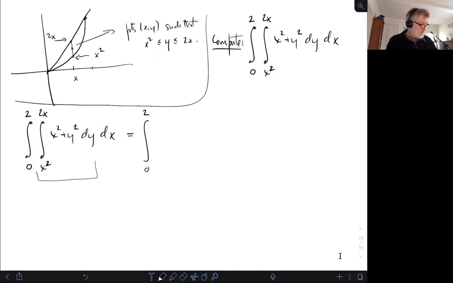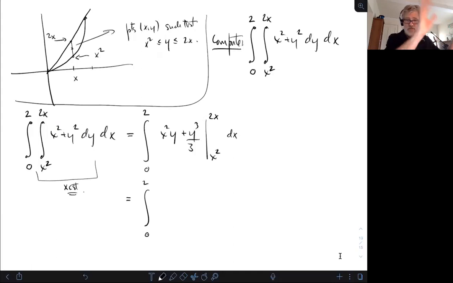So inside integral, x is constant, right? I integrate with respect to y, so this is x squared y plus y cubed over 3 between x squared and 2x, right? So what is that? Then I just replace and subtract. Again, the outside parts, the integral 0 to 2 and the dx are just there for the ride.